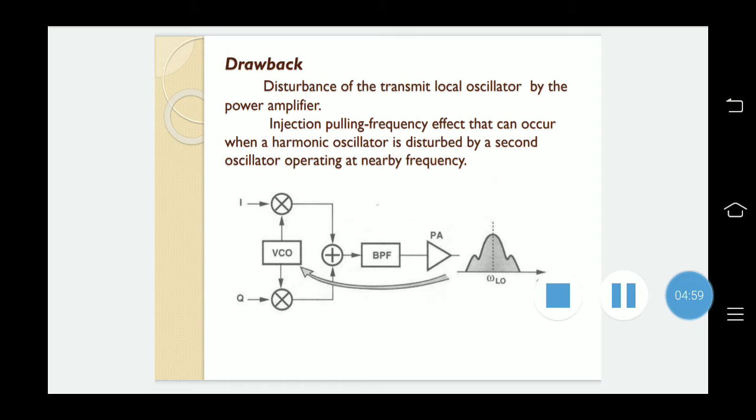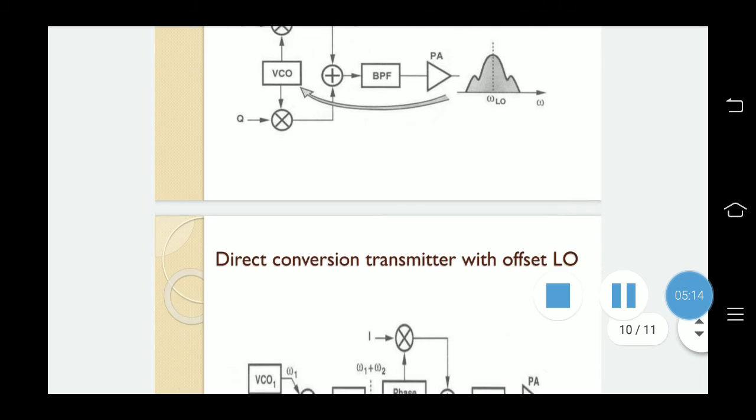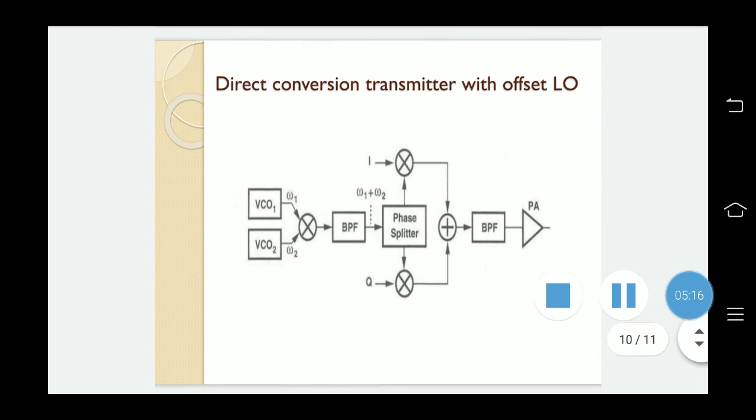The drawback of local oscillator pulling is overcome by making the power amplifier output spectrum sufficiently higher or lower than the oscillator frequency. This can be accomplished by offsetting the local oscillator frequency. This is the diagram.